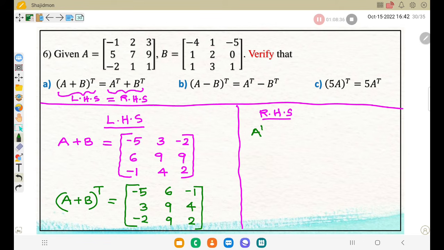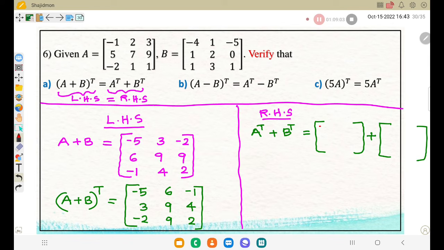Now we will check the right hand side. What is A transpose plus B transpose equal to? So first write what is A transpose matrix, plus then we can write what is the B transpose matrix. What is the A transpose matrix first, right? A matrix write in the transpose, rows write column wise.